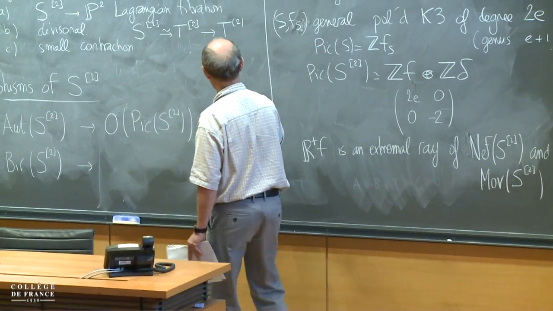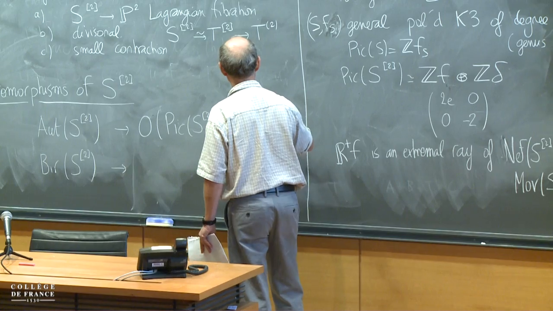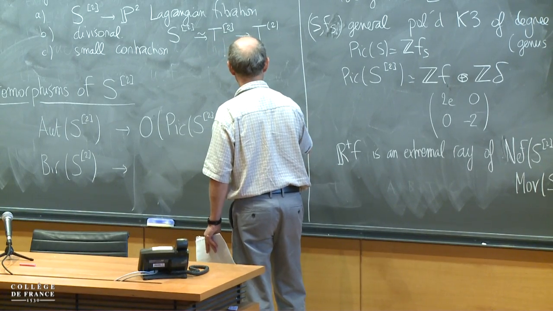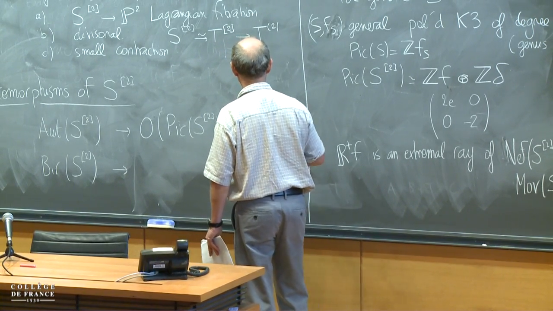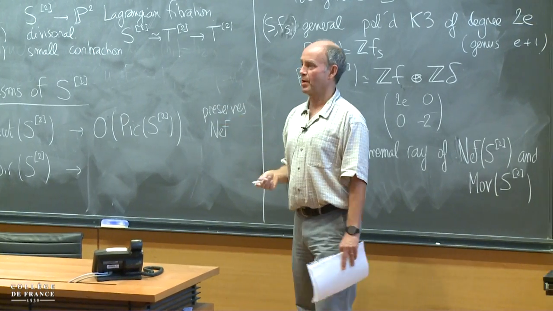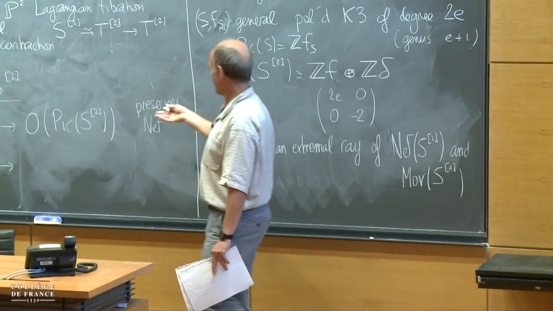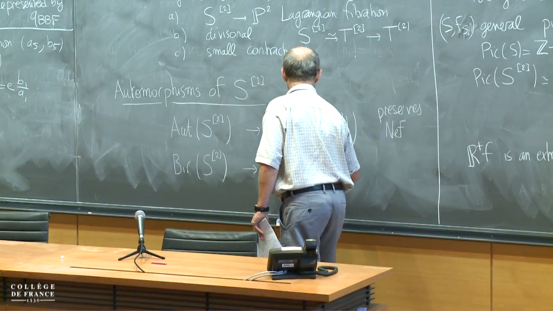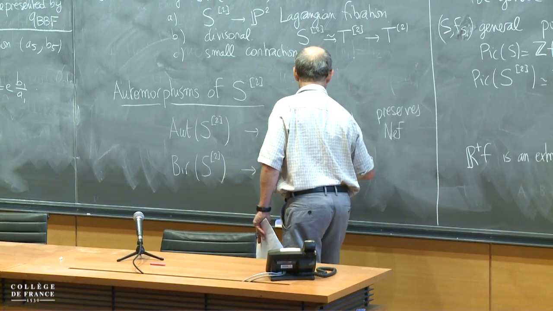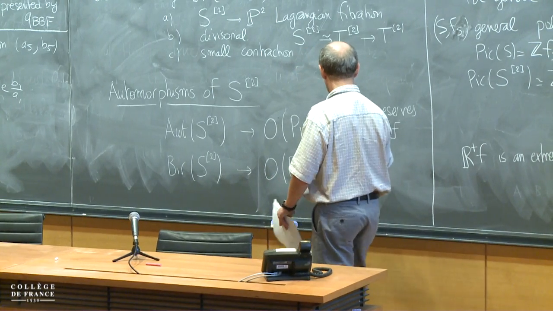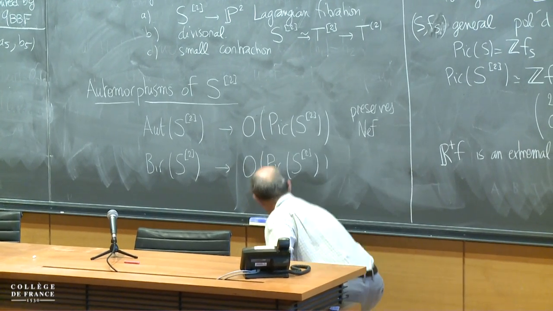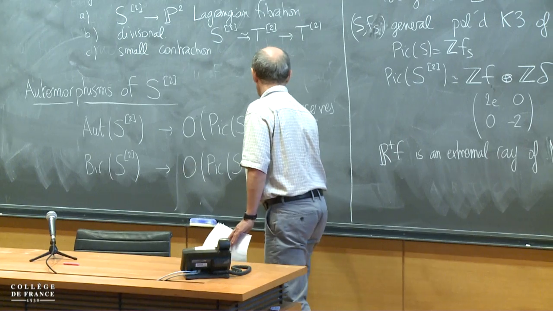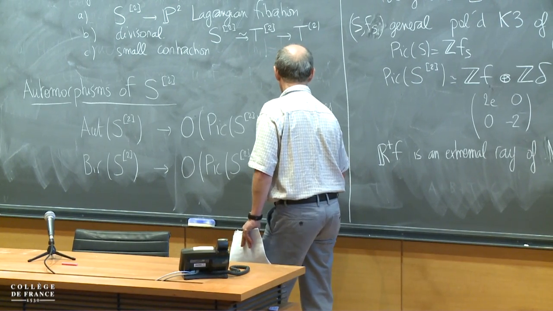Okay, so it preserves the nef cone. Any birational automorphism also acts on Pic, and this is because this is a Calabi-Yau manifold, as Serge explained. And this time it preserves the movable cone.